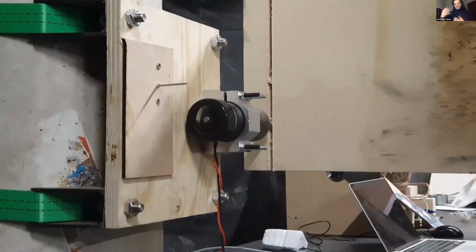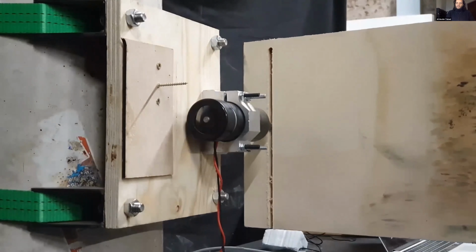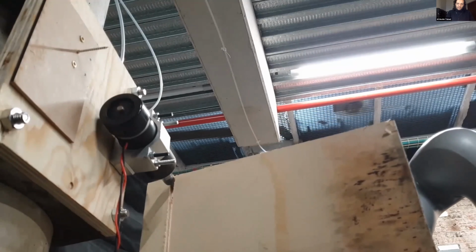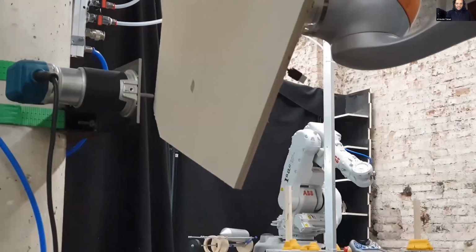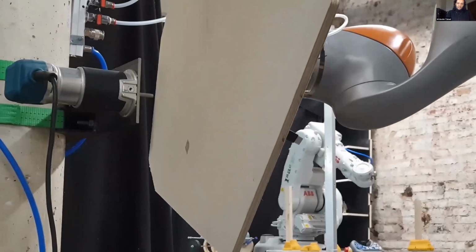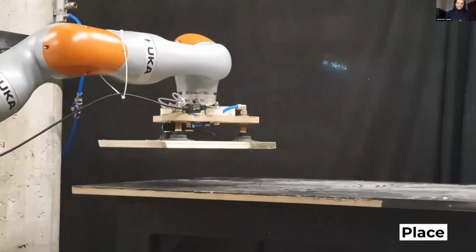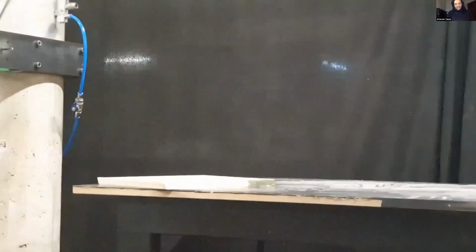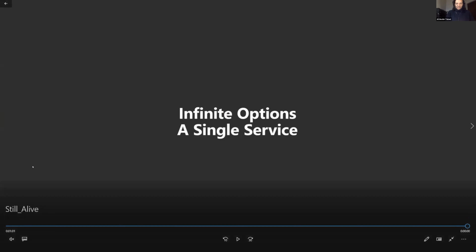Since we have everything already pre-calculated and automatic, the robot knows what shape it is supposed to turn this piece into. This is a mock-up system. We are just using a very simple router to cut the pieces. The robot automatically picks up the piece, cuts it, and then stacks them at some specific place. Ideally, the robot could also help us assemble the pieces together, but we didn't have the joinery system.